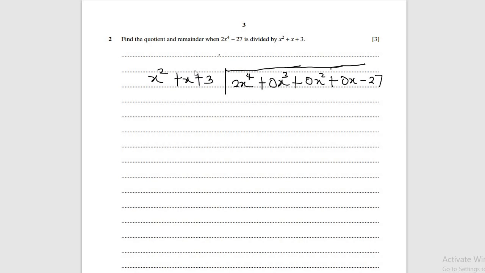So the first step is 2x raised to the power 4 divided by x squared. What do you have here? 2x squared. The next step, this 2x squared, you multiply by all this divisor. This is the divisor.